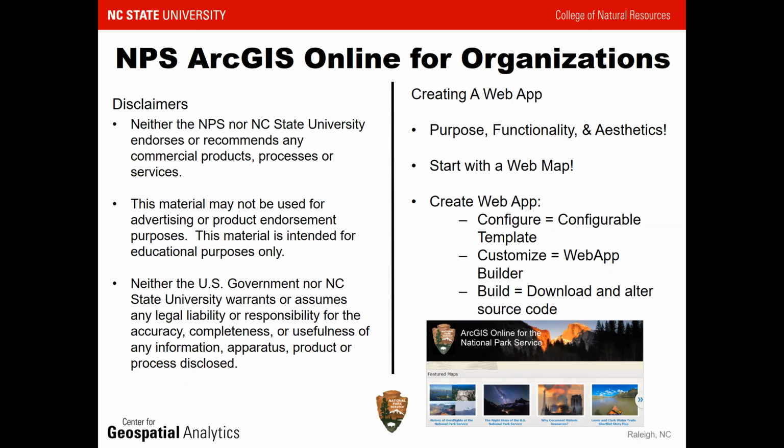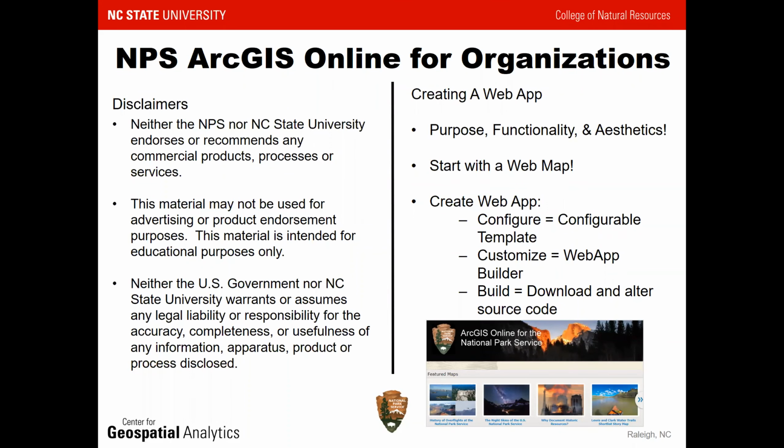So we're going to be talking about web apps, and you've seen in some of my other videos how to create a web map using services that are available to you either in your content or you have added from other National Park Service layers that have been shared with the organization.